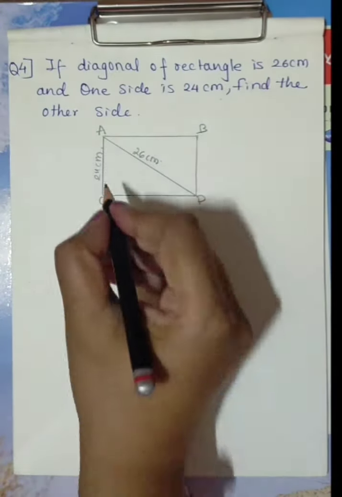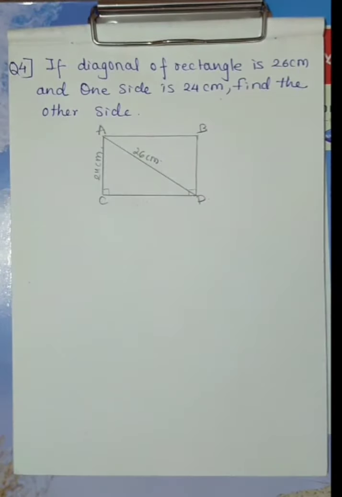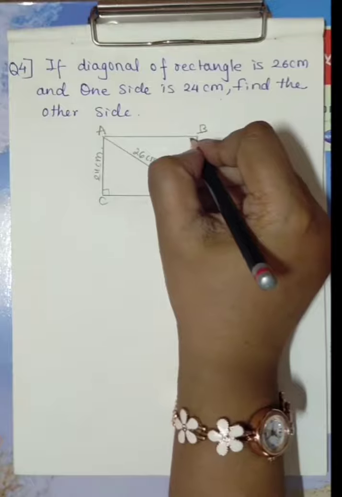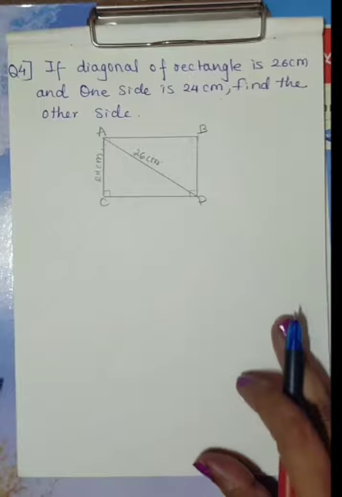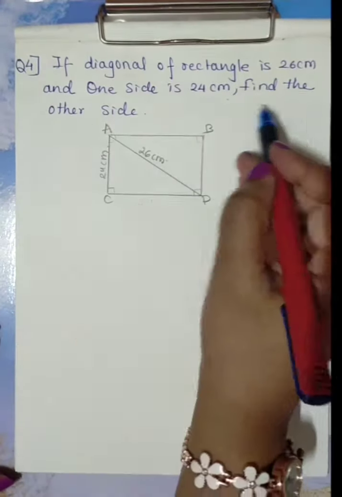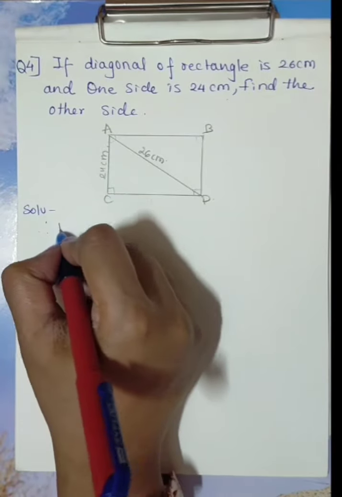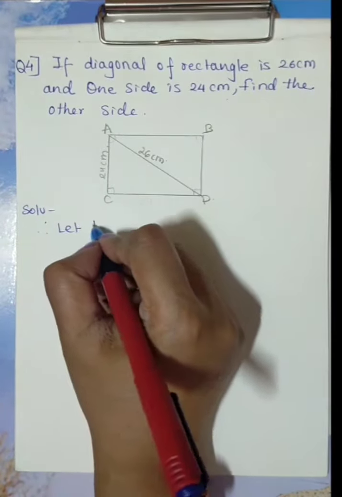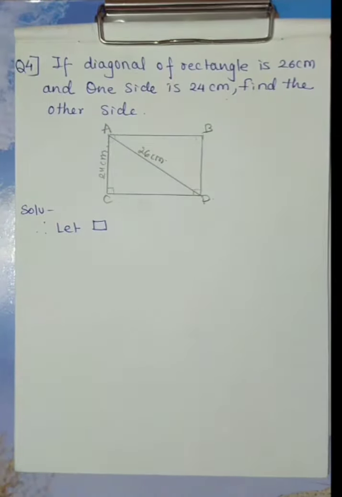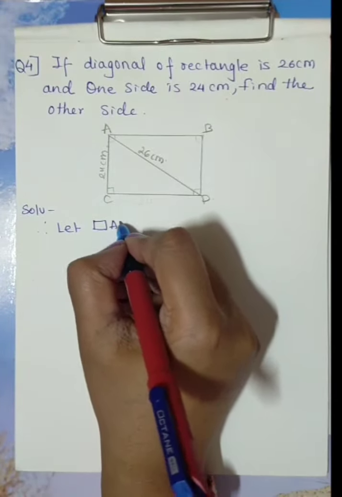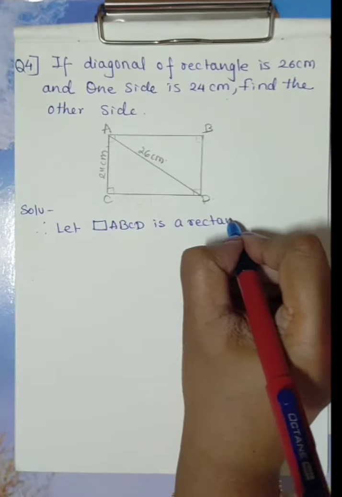Okay, and as you know that a rectangle has 90 degree angles on all sides. So here we are going to use Pythagoras theorem to find the other side. So I am writing here the solution. Let quadrilateral ABCD be a rectangle.